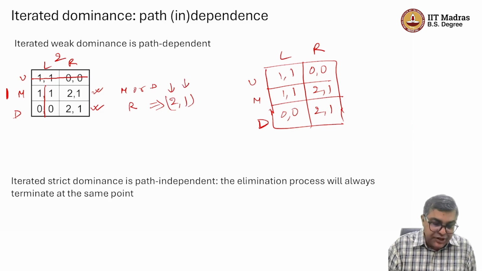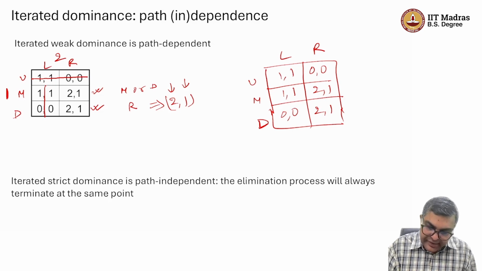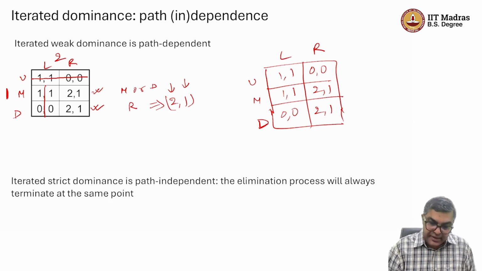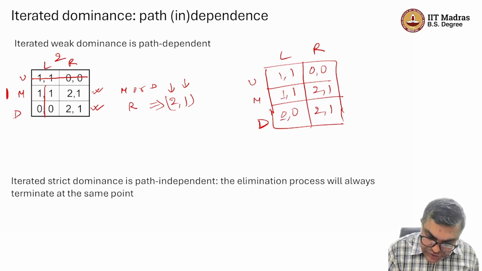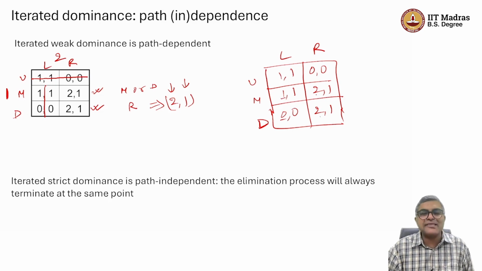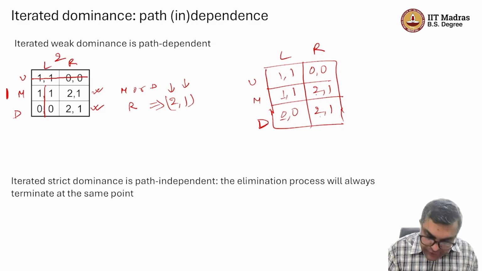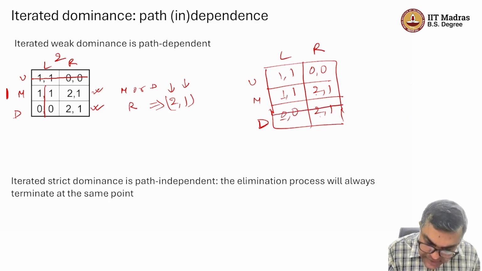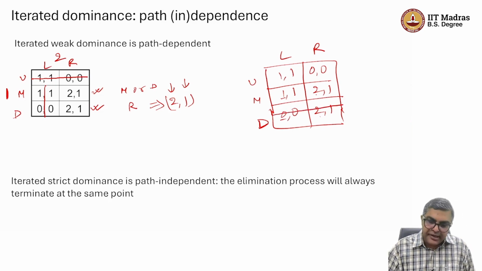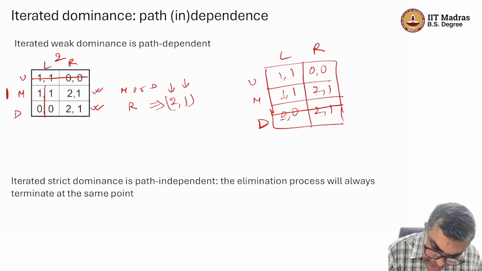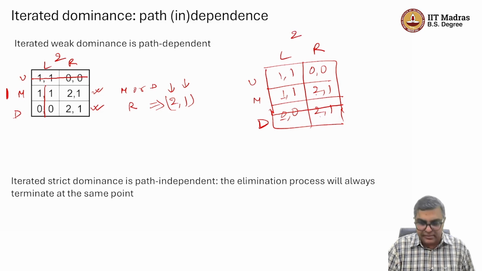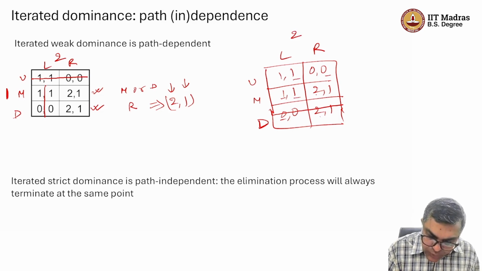Now let us change the order of elimination. Rather than eliminating U, as U is weakly dominated by M, if you pay attention, D is also weakly dominated by M, because here 1 is greater than 0 but 2 is equal to 2. So let us eliminate D because it is weakly dominated by M. Now in the reduced game, each player has two strategies, and in this reduced game, L for player 2 weakly dominates R, because 1 is greater than 0 and 1 is equal to 1.